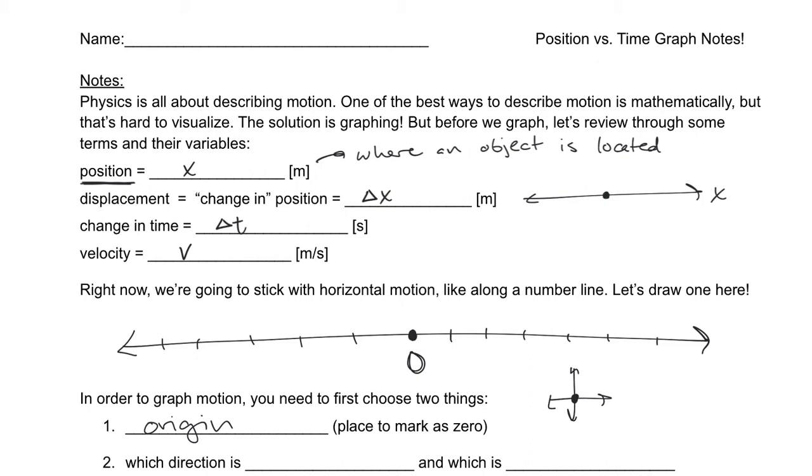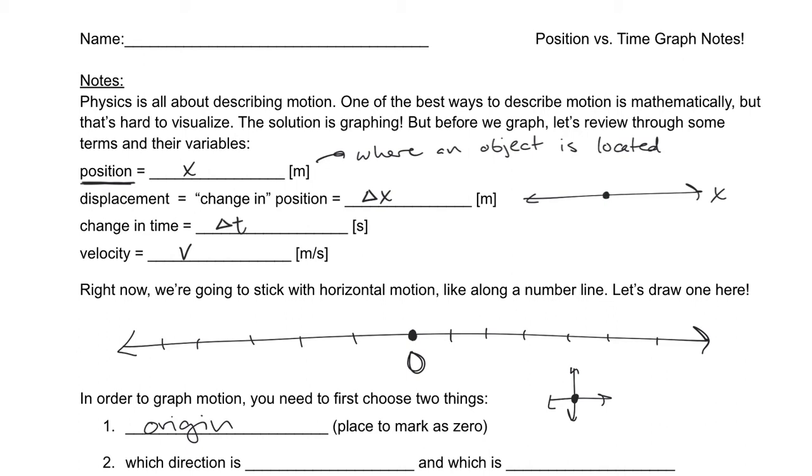And then the other thing we have to choose for our number line is directions. Velocity and displacement are vector quantities, and vectors have to have direction. In order to mathematically deal with direction, we're going to stop using up, down, left, right, east, west, north, south, and start using positives and negatives.